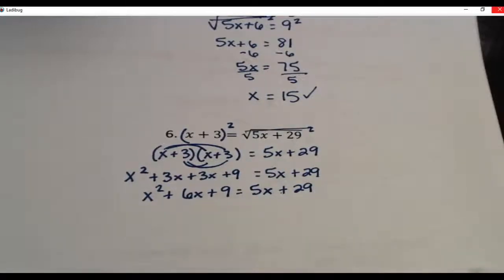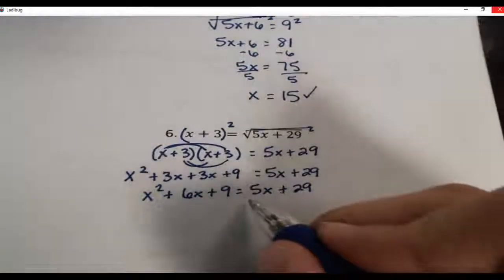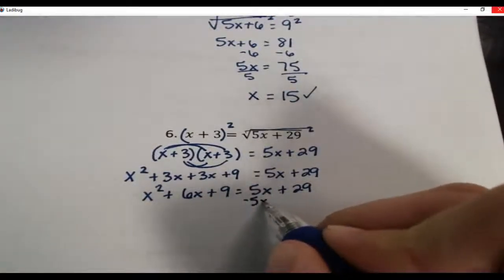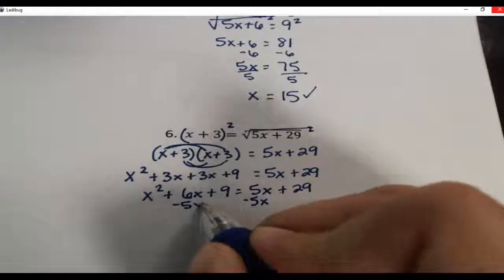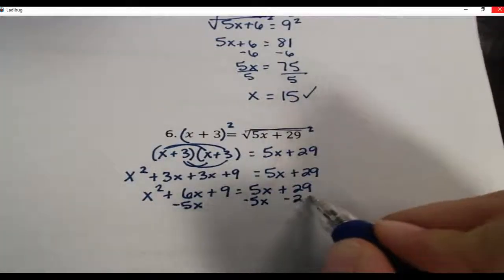And so now we have x squareds and we have x's. So when this happens, you're going to have to solve it with the quadratic formula. So to use quadratic formula, remember we want it to equal 0. So I'm going to move the 5x over, so subtract it from that 6x, and I'm going to subtract that 29 over.